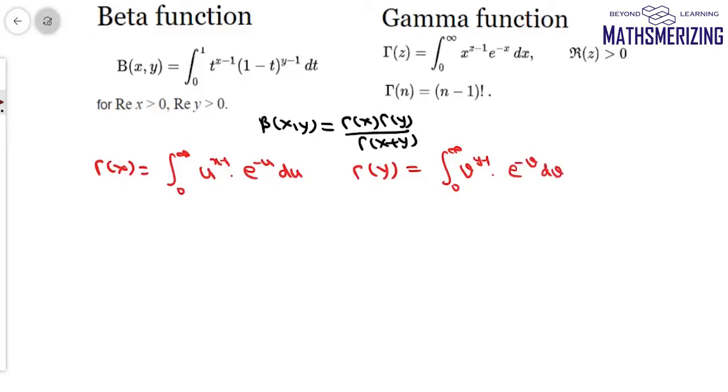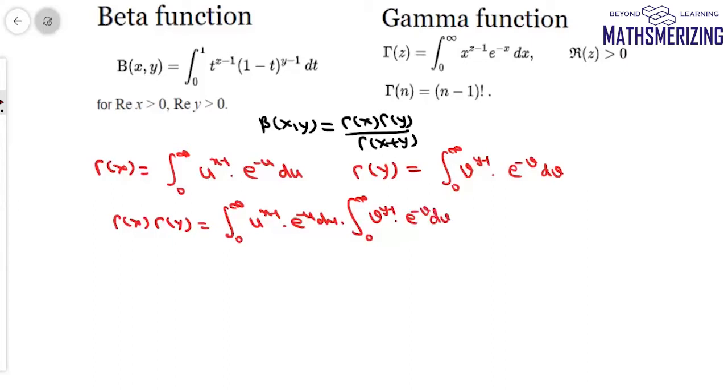So if I multiply these two integrals, I'll write gamma x into gamma y, and this is the integral from 0 to infinite of u to the power x minus 1 e to the power minus u du, and then the integral from 0 to infinite of v to the power y minus 1 e to the power minus v dv, and we can write this as a double integral.